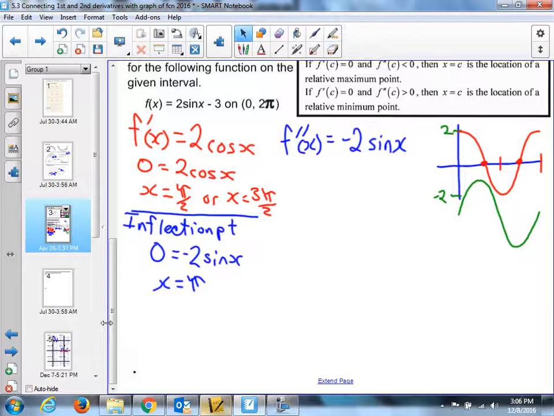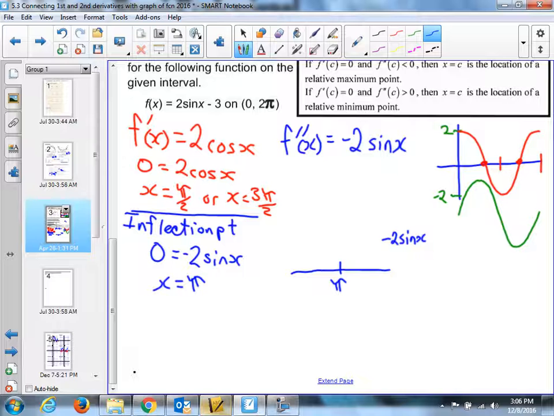I'm going to do what we've been doing before, some sign analysis here. -2 sine of x, we can just consider this as one chunk here. At pi, and we know that we're starting at 0, ending at 2 pi. If you put in the easiest sine value you know, probably pi halves, in between 0 and pi, what is the sine of pi halves?